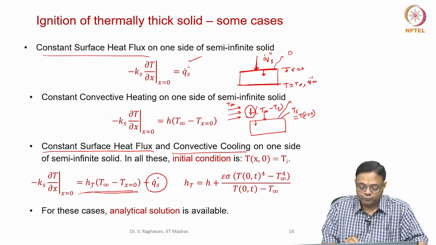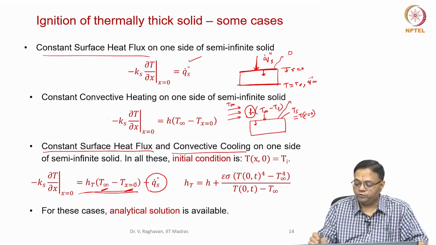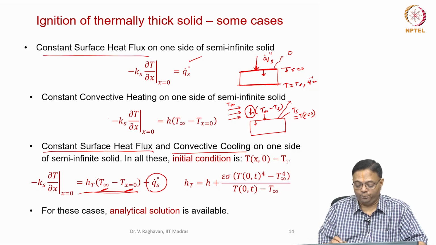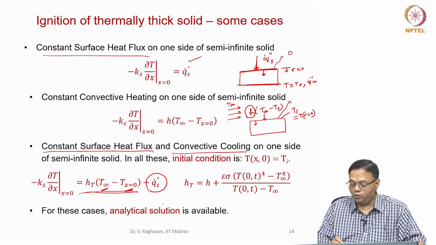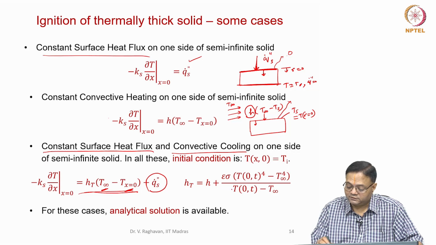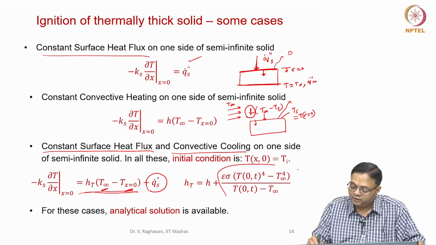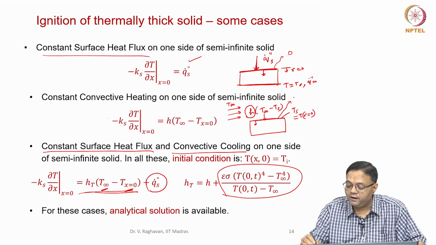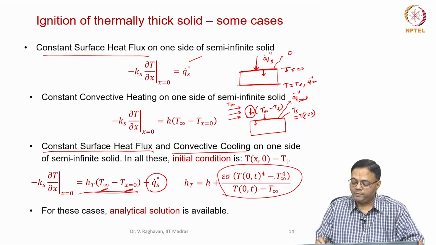First one is T infinity minus T surface, where T at x equal to 0 is T surface. This T infinity is higher because of the convective flow, but what I call cooling is here. Please understand that with radiative heat transfer, when the surface reaches a particular value, there may be heat loss due to radiation. So, this may be a negative value.